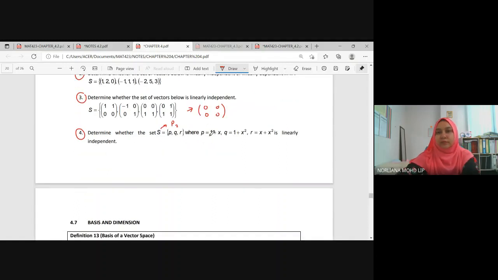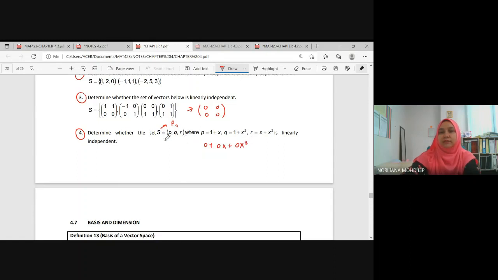P2 ni boleh. Ni akan dapat ni S equal to 0 vector, dia 0 lah semua kan. Ni akan dapat ni lah 0, 0, 0, 0 lah semua. Dia macam gini lah. 0 plus 0x plus 0x square.